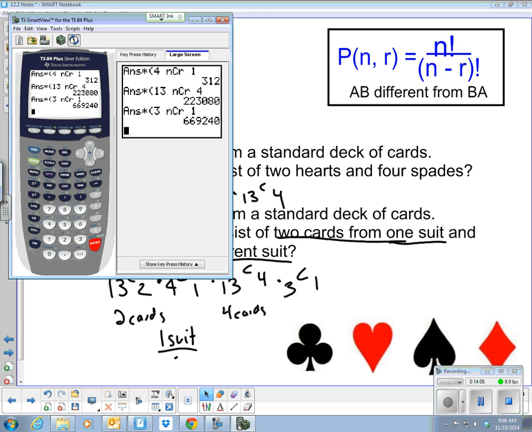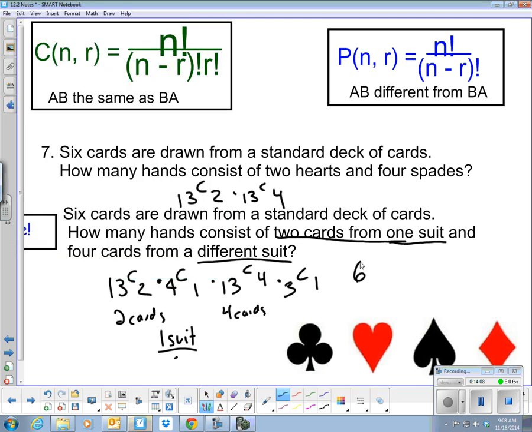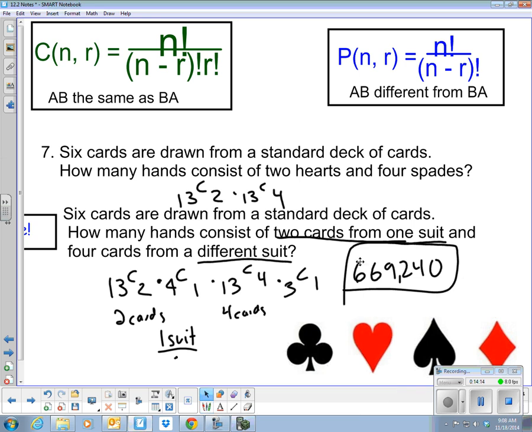So 669,240 different possible ways. That's how many ways you can do that.